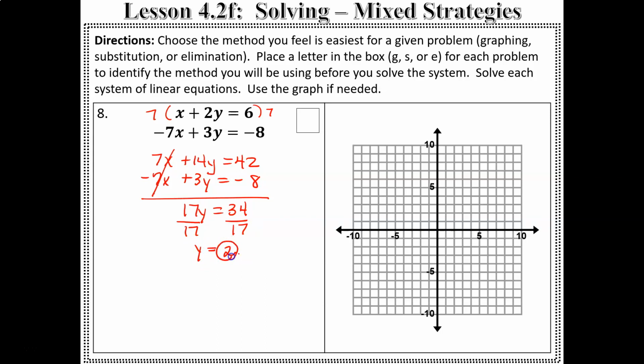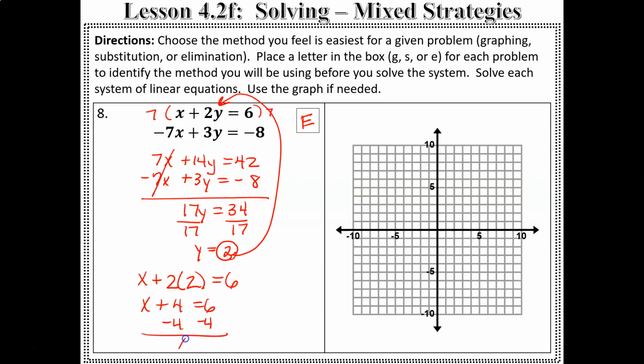So I'm going to plug that in. We're eliminating, by the way. This is an e. I'm going to plug that in up here. So I have x plus 2, and instead of the y, times 2 equals 6. Do that multiplication first. Subtract 4. So we have 2 as an answer.